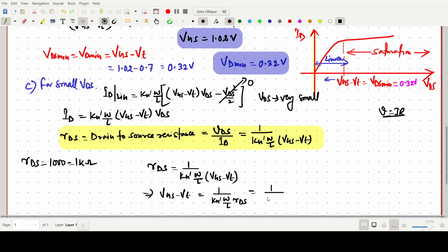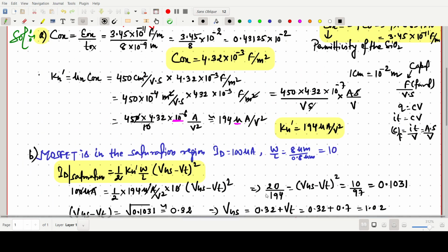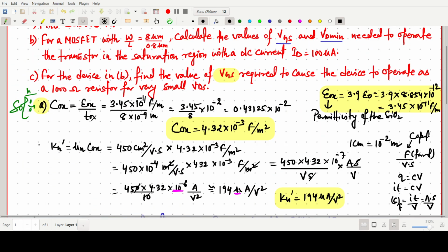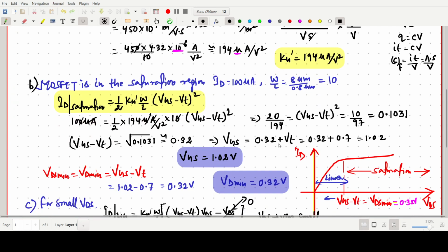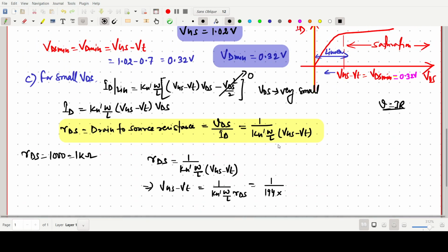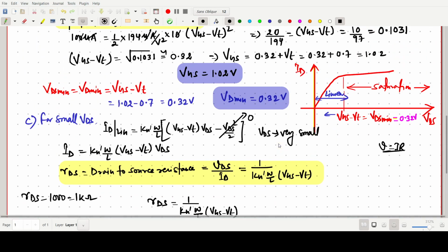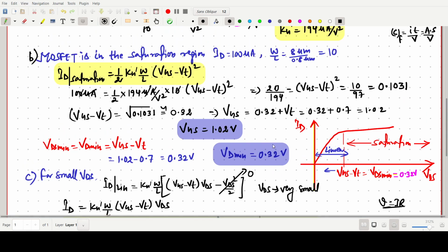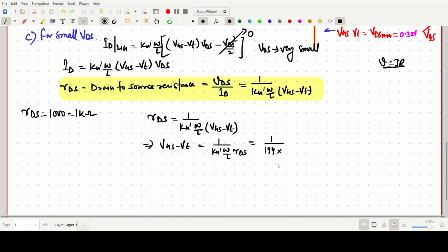So 1 by Kn' is already known to us, 194. W by L is given as 8 by 0.8, so the W by L value is 10. So into RDS, 10 to the power 3.